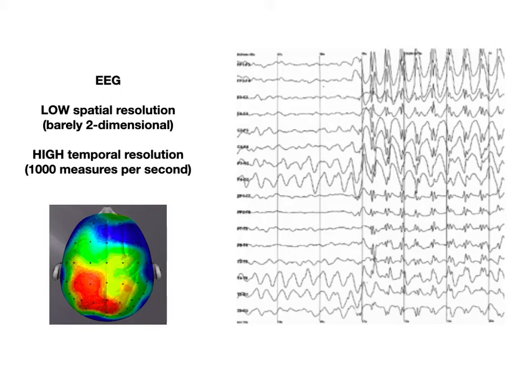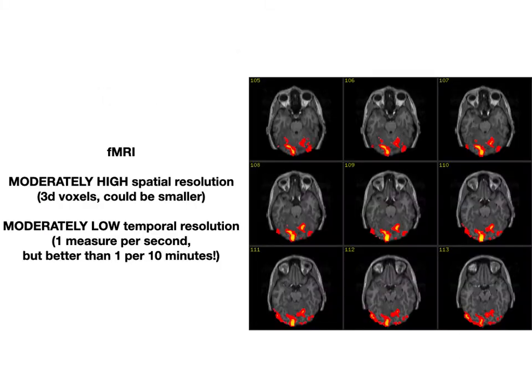That's a powerful tool. Compared to fMRI, which again gives the full 3D head scan, I would call this moderately high spatial resolution because it's nowhere close to our friends the electron microscope and things like that. It's these 3D voxels.